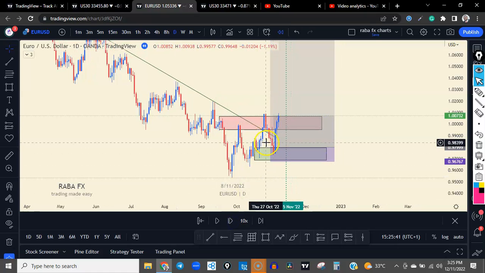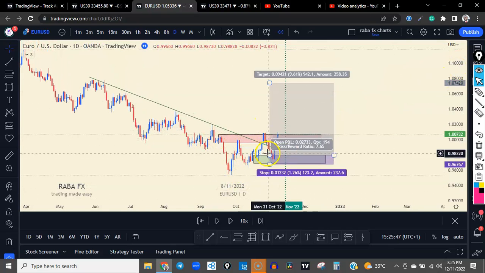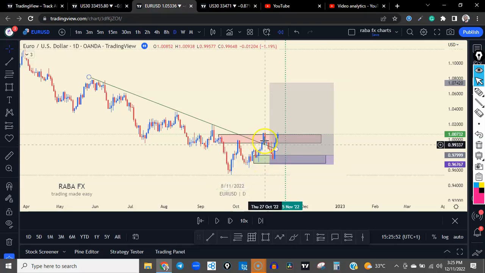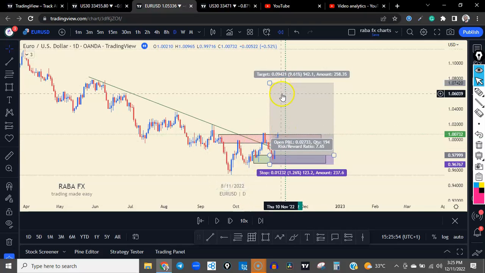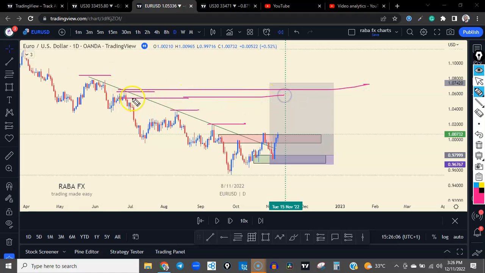Now price moves, taking out this inducement, and then you allow price to do its thing. This can be a swing trade for you where you hold this for days and you take partials. If you are comfortable with it, you can take partials at all of these levels here. Why? Because a lot of people, smart money guys, will be trying to sell from here.